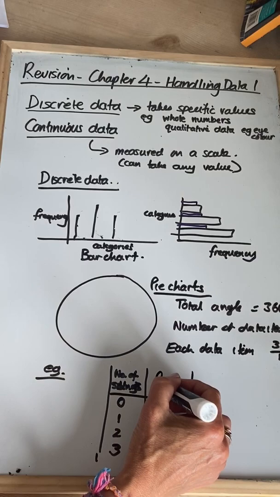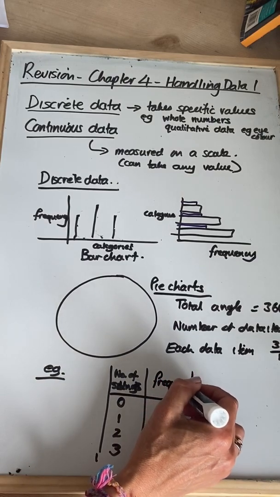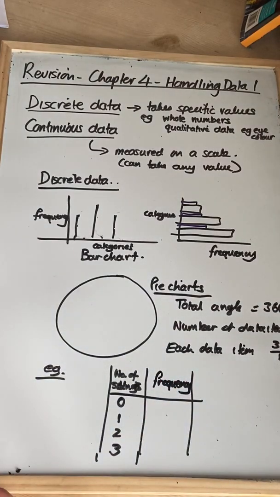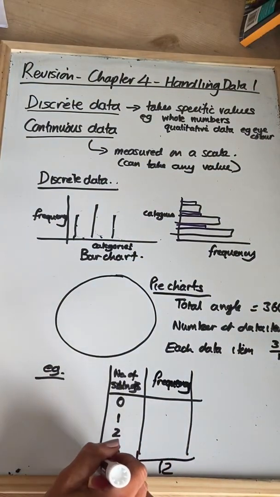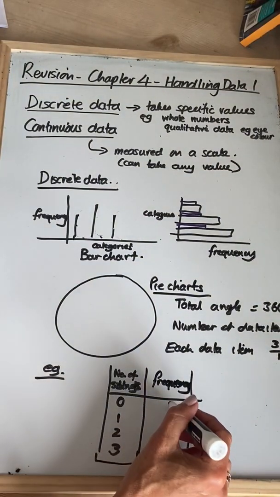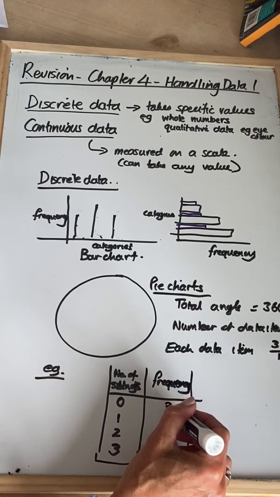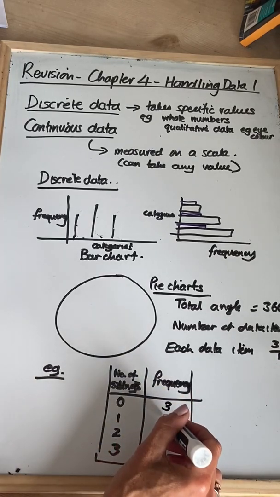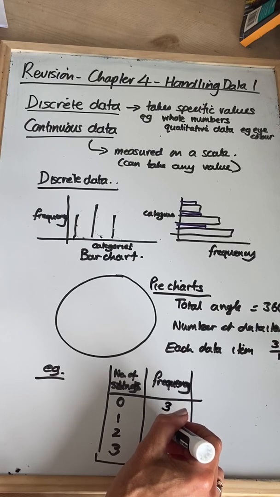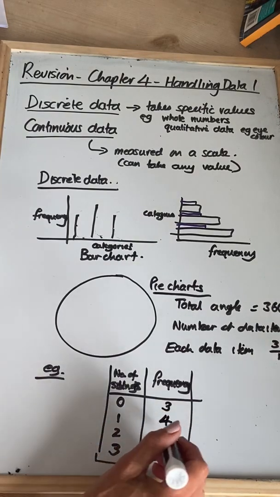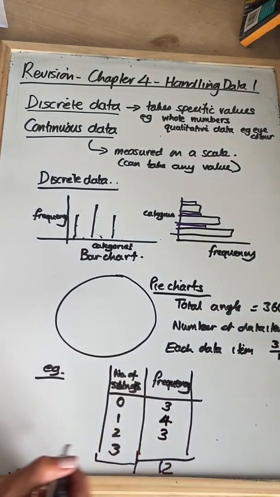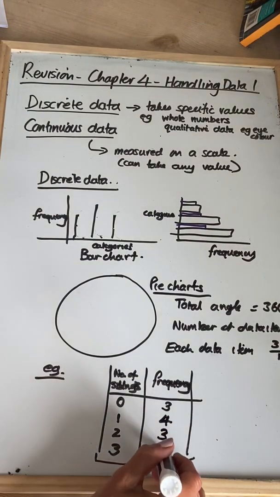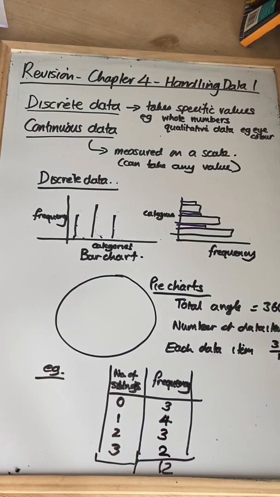And then frequency, number of people with that number of siblings. So let's say we've got a group of 12 people altogether. Of those 12 people, 3 have got no siblings, 4 have got 1 sibling, 3 have got 2 siblings and 2 people have got 3 siblings.